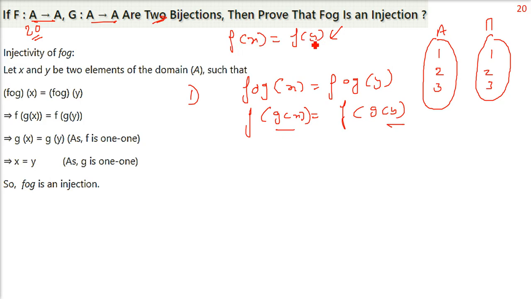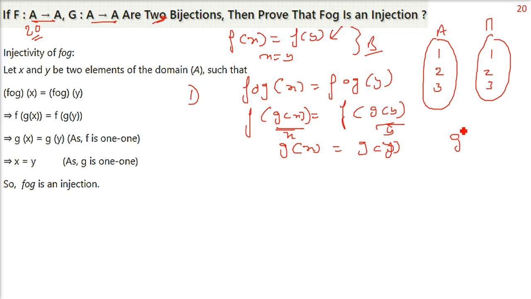But since f is a bijection, fx equals fy means x has to be equal to y. So gx and gy, which is inside, is actually x and y. I hope you have got the idea. Fx equal to fy, x equal to y. This is already given in the question. So we started with fgx and fgy, so the inside gx is actually equivalent to x and gy is actually equivalent to y.